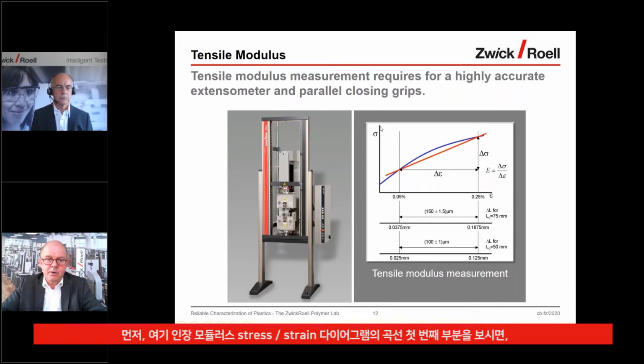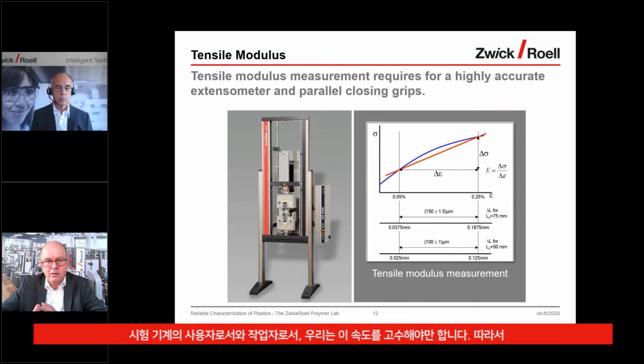First, for the tensile modulus, this is a stress strain diagram. For the tensile modulus here in the first part of the curve, we need a constant and defined speed because we talk about viscoelastic material which are sensitive to the speed question. In the standard, the speed is defined as being 1 millimeter per minute, and this is not defined as a crosshead speed. This is defined as a speed of the pulling clamp.